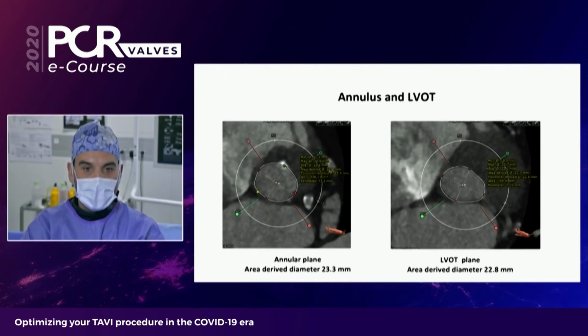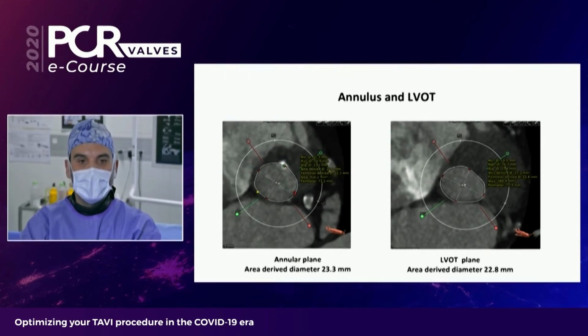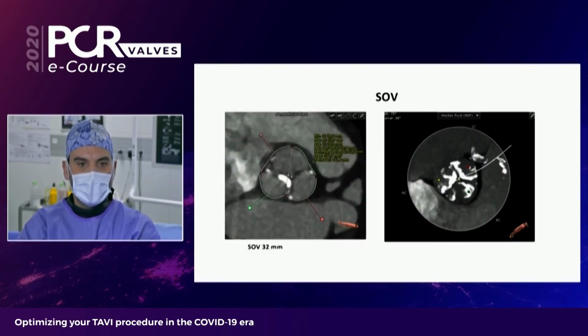We don't see any huge calcification at the location of the annulus nor of the LVOT. The sinus of Valsalva is quite large, generous. It's a tricuspid valve. You see on the right side of the screen the three-leaflet anatomy with quite important calcification, predominantly on the left and the non-coronary cusp.